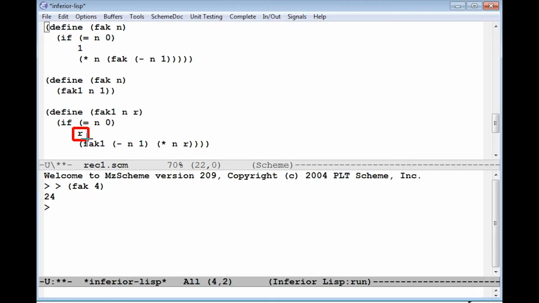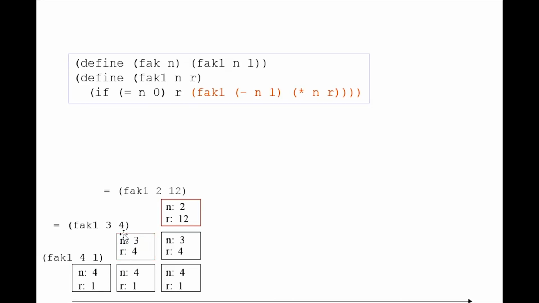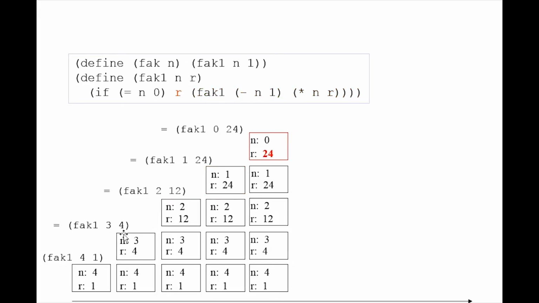Let us see how the stack develops in this case. So we have the call to fac1 here, and let us see how it develops. It calls itself recursively, another recursive call, until we reach the bottom of the recursion. In this variant of the factorial function, the multiplications occur on our way up the stack.